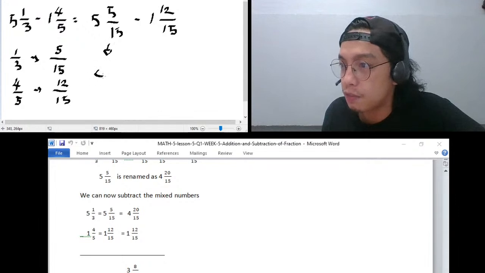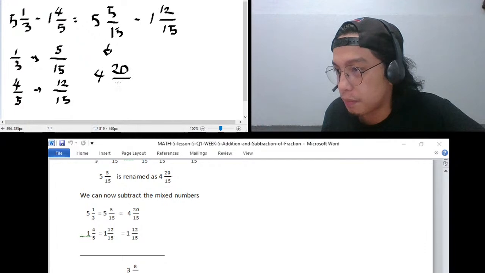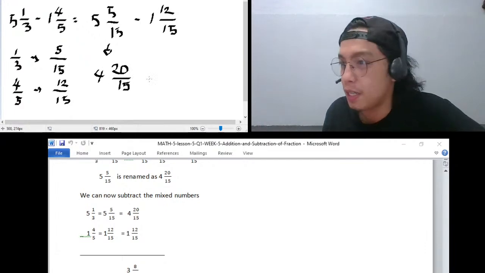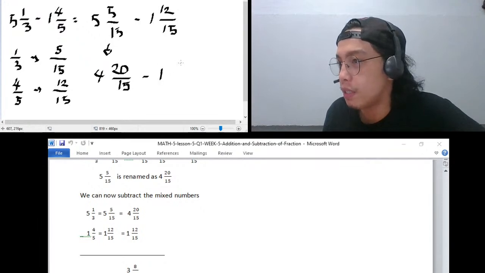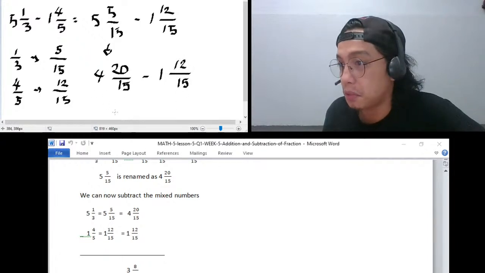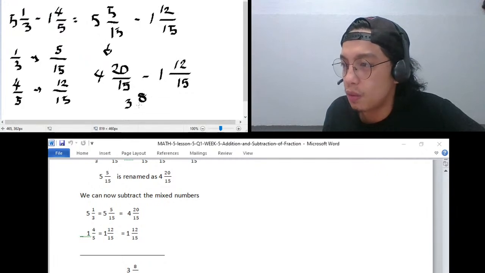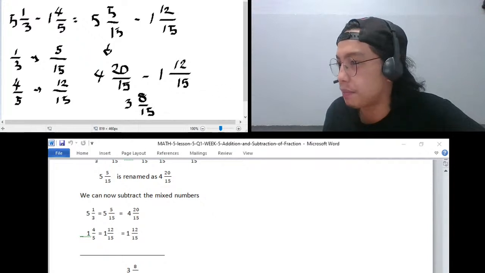They made it as 4 and 20 over 15, minus 1 and 12 over 15. Now you can minus it. Okay. 4 minus 1 is 3. 20 minus 12 is 8 over 15. And that's the answer. Okay, I get it.